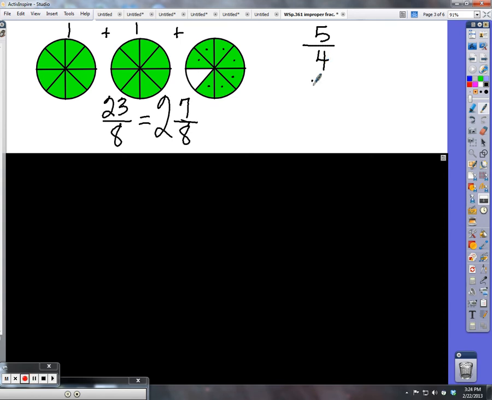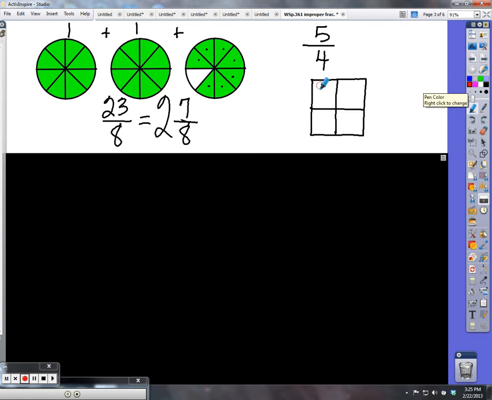So I am going to just do a square. I'm going to divide it into 4 equal parts. So I need to shade in 5 of the 4 parts. In other words, 5 1/4 sections.